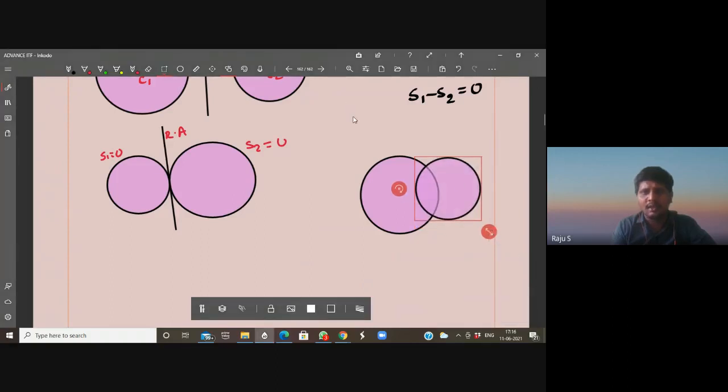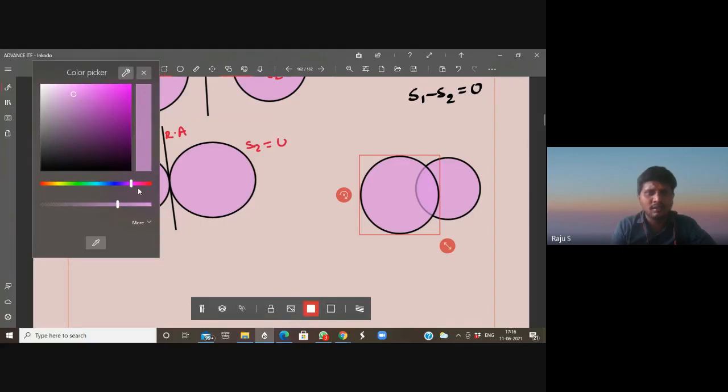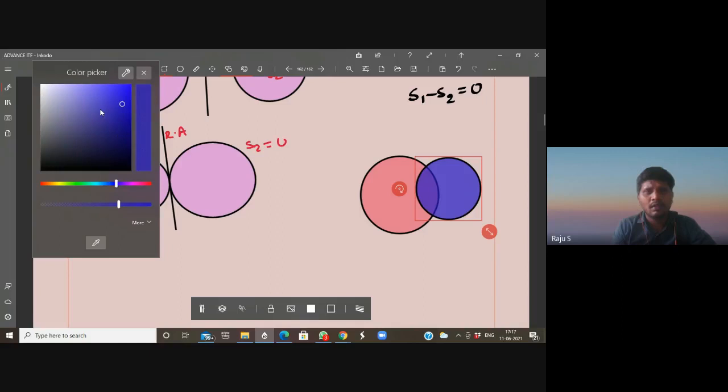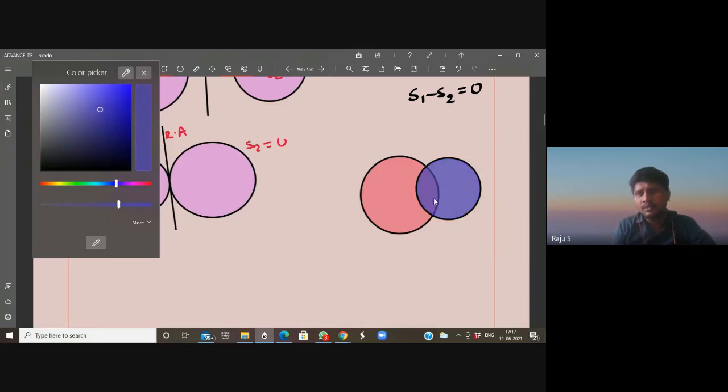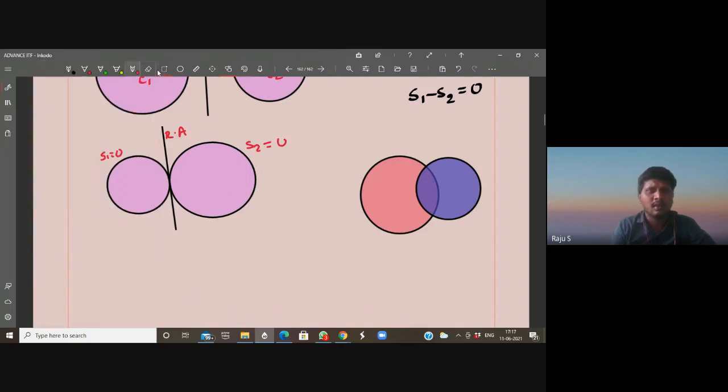What about the radical axis in this case?